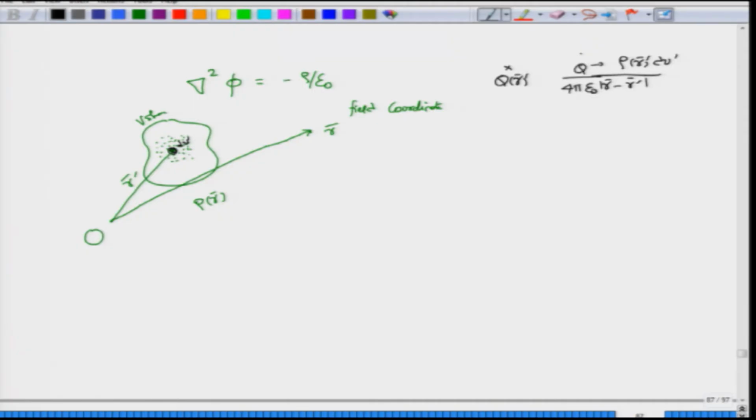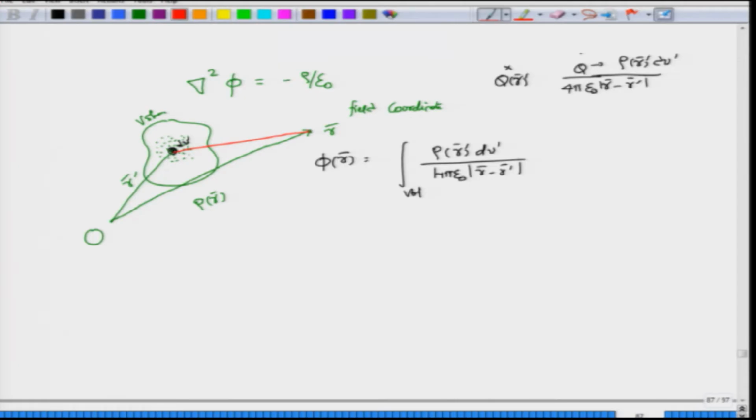So, if I want to obtain the full distribution, I have to integrate this expression. I am going to get the integral of rho of r prime dv prime over the volume, divided by 4 pi epsilon naught times the distance r minus r prime. This is what you get as the potential at the field point r, where the summation comes from the many different charges that are located.